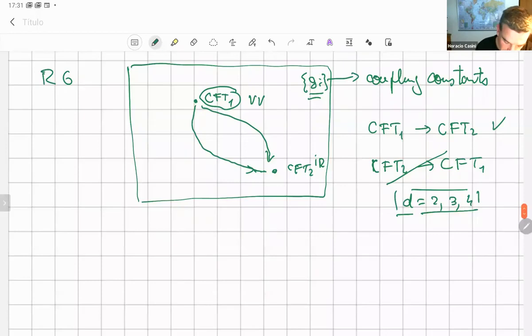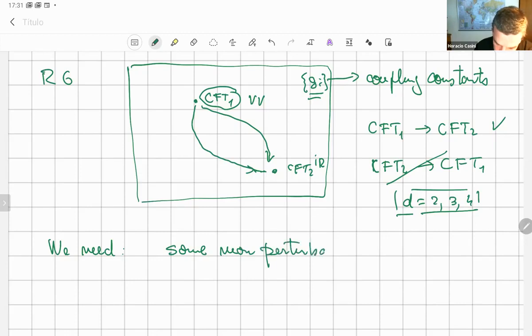What we need to prove this: some non-perturbative inequality that is valid for any quantum field theory.